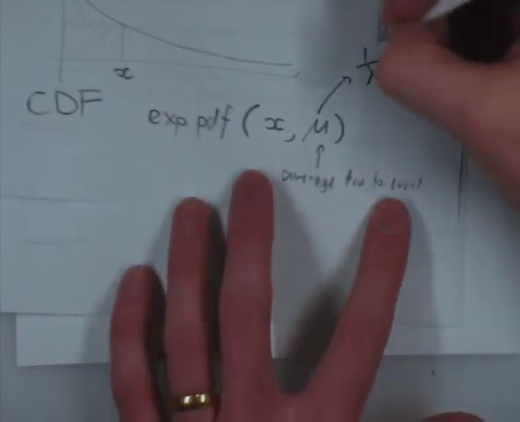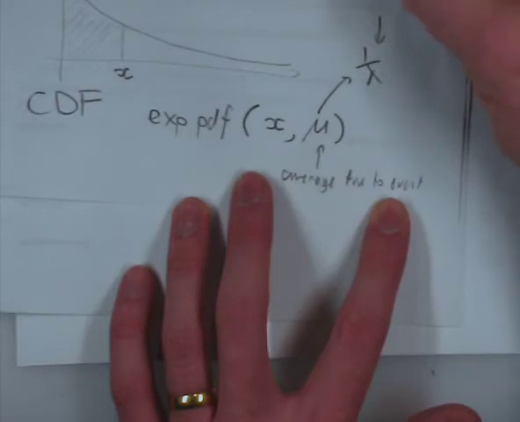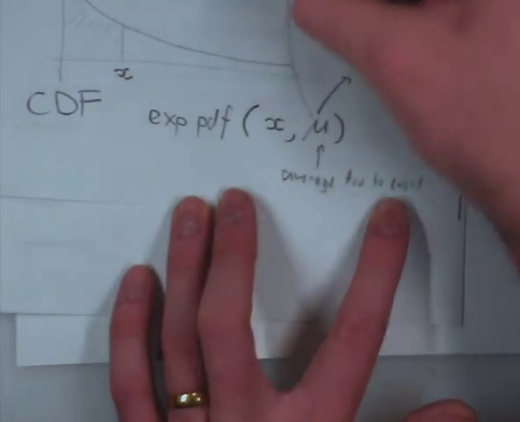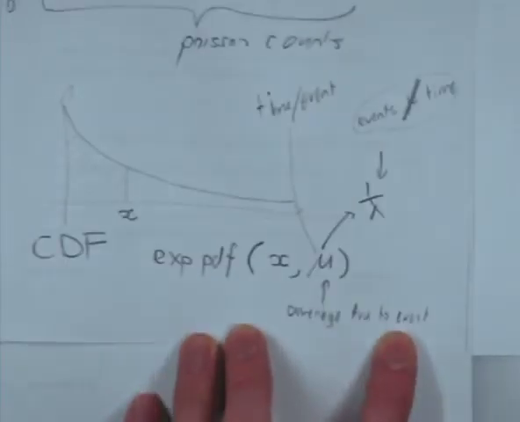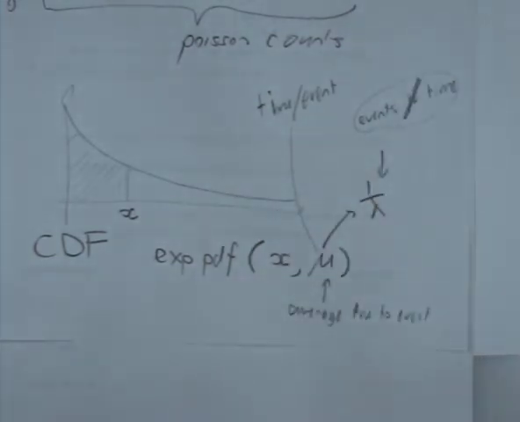So this lambda is events per time, and this here is time per event, or space. Sorry. This mu is time per event, and that lambda is events per time. So, worth pointing that out.